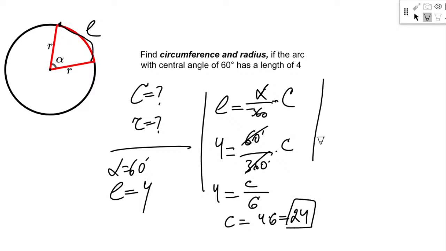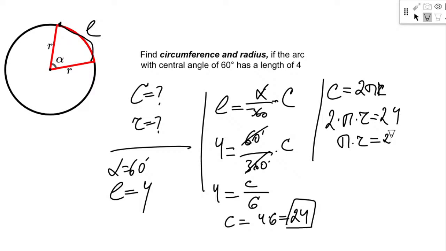And now let's find the radius. We know that C equals 2 pi r. We again put in everything we know: 2 multiplied by pi multiplied by r equals 24. Pi multiplied by r equals 24 divided by 2, which is 12.